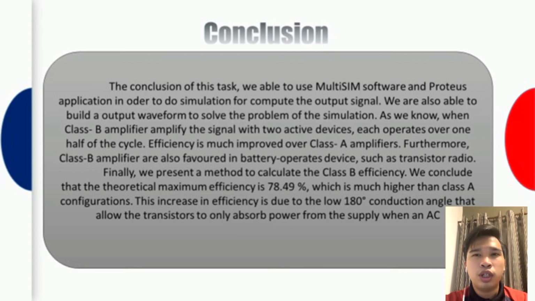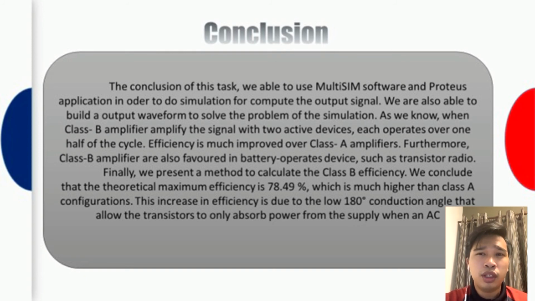As we know, a Class B amplifier amplifies the signal with two active devices, each operating one half of the cycle. Efficiency is much improved over a Class A amplifier. Furthermore, Class B amplifiers are also favored in battery operated devices such as transistor radios. In addition, a Class B amplifier is also known as a push-pull amplifier configuration.